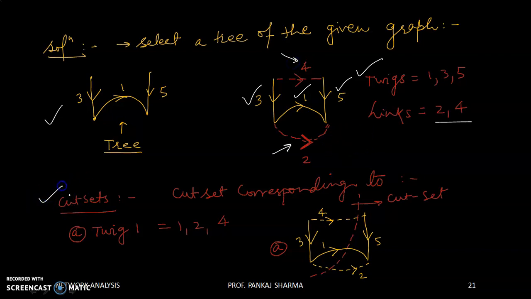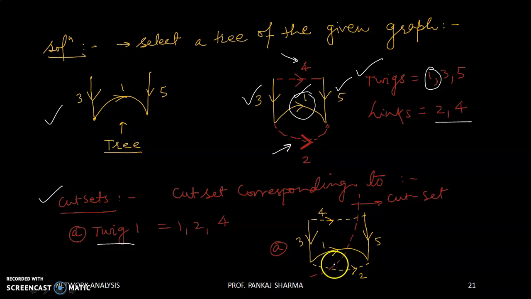Now let us understand the cut set, how to draw it. The cut set corresponds to twig 1. Where is twig 1? This is your twig 1. Now put a cut set like this. I have drawn a dotted red line here, which cuts twig 1 once.